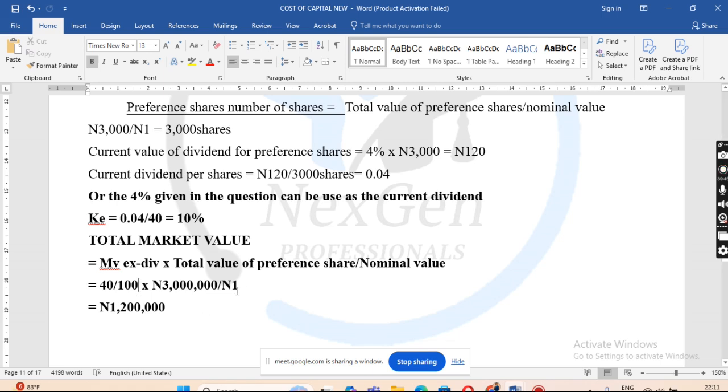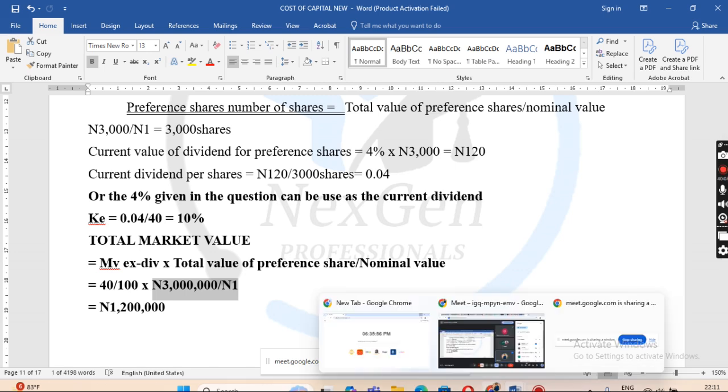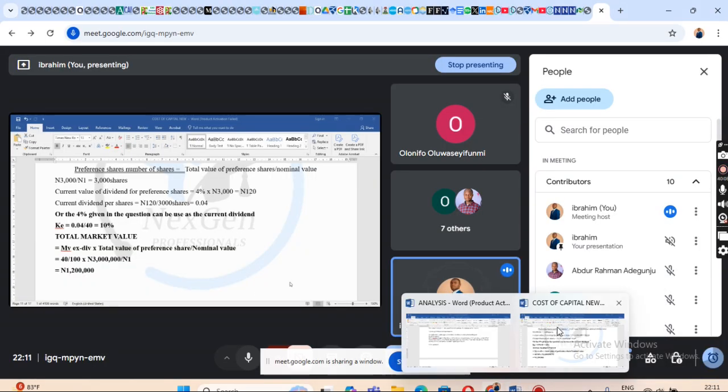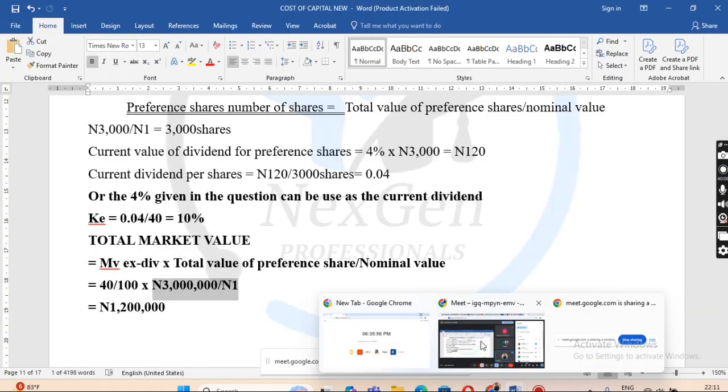Why I'm doing it like that is because if you divide this, lastly, you will get 3 million shares. You want to get the total market value, so you need market price per share, not per kobo. Are you getting my point? And that is how it is actually.